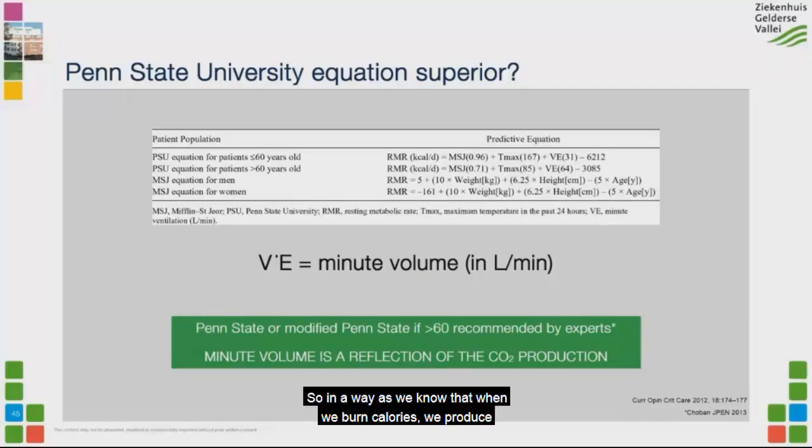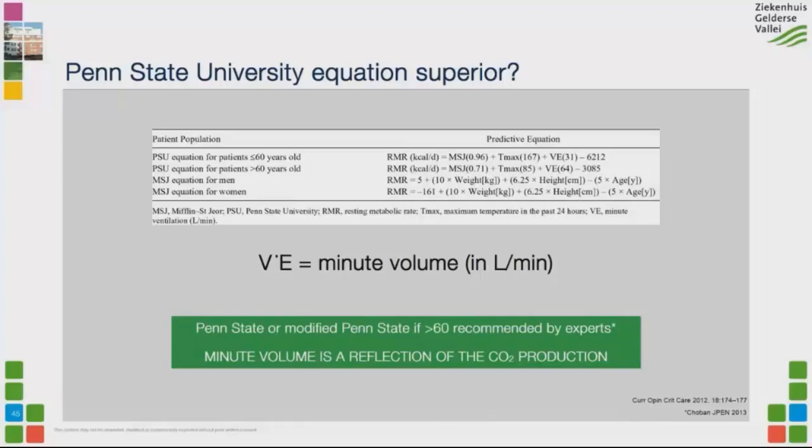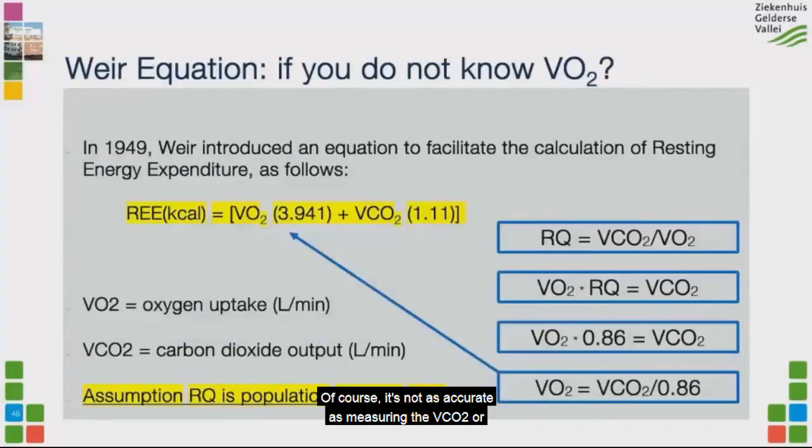So in a way, as we know that when we burn calories, we produce CO2, that is a reflection of the energy expenditure of the patient. Of course, it's not as accurate as measuring the VCO2 or indirect calorimetry.